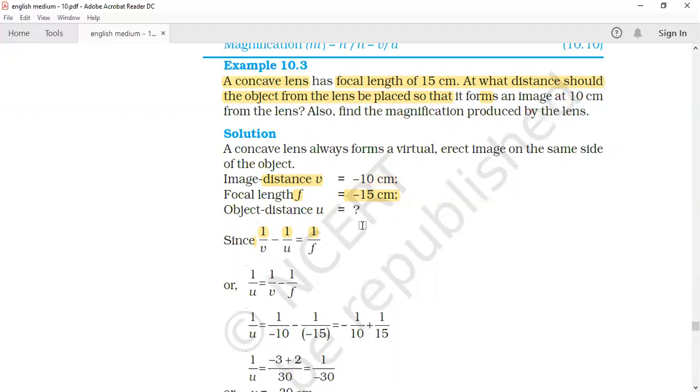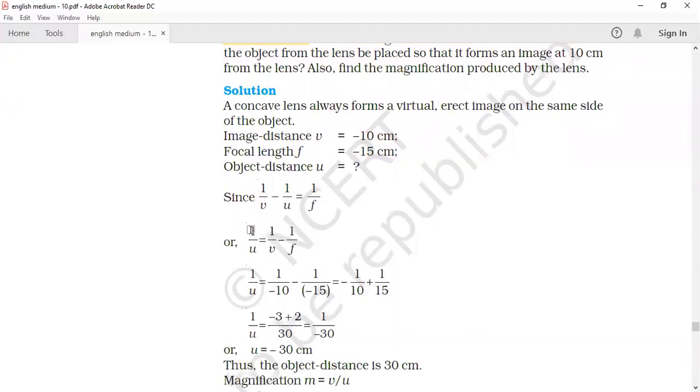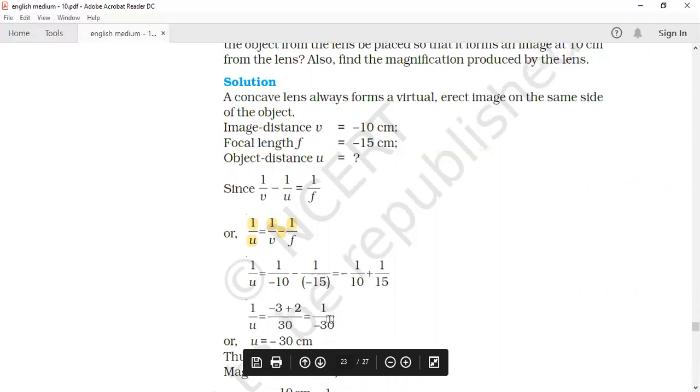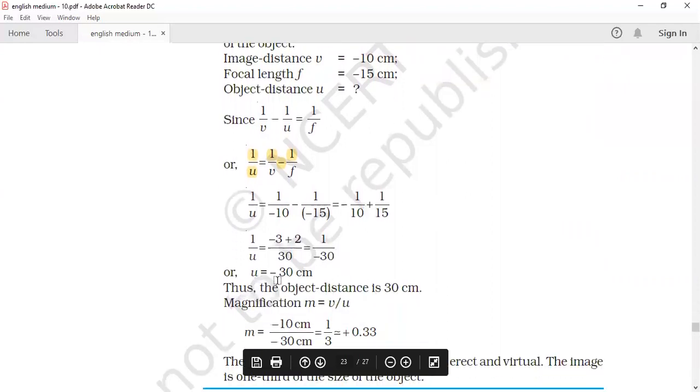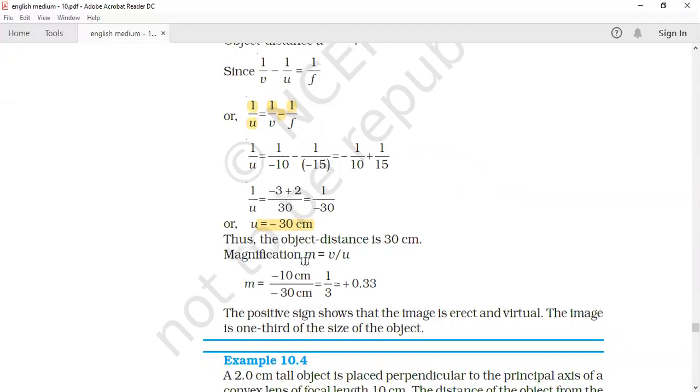So we use the formula 1 by v minus 1 by u is equal to 1 by f, and here we change the equation for 1 by u because we want to find the object distance. We have value of image and the focal length, we put in this formula, and after calculation we got the answer u is equal to minus 30 centimeter. So after we found the object distance, for magnification, here m is equal to plus v by u.